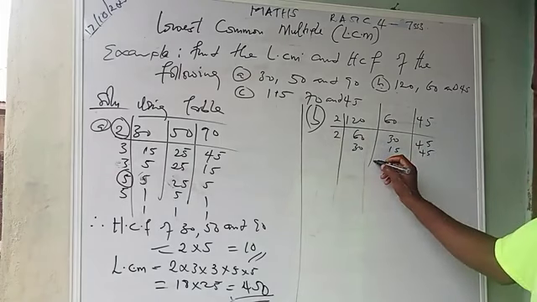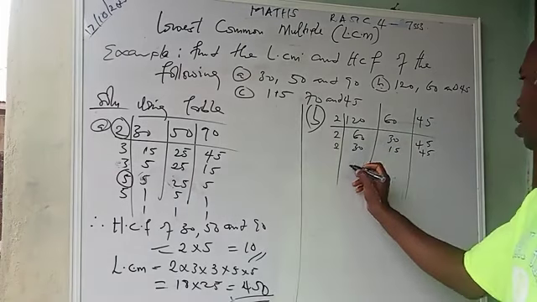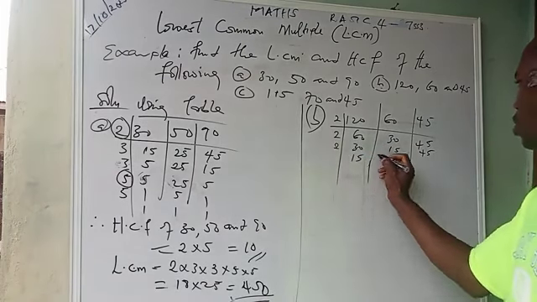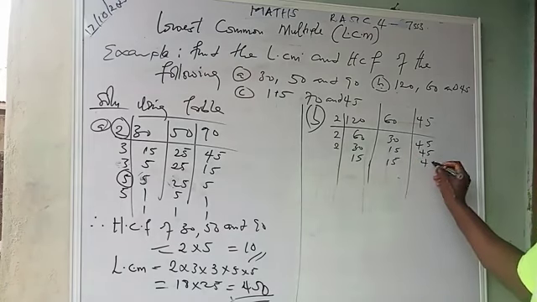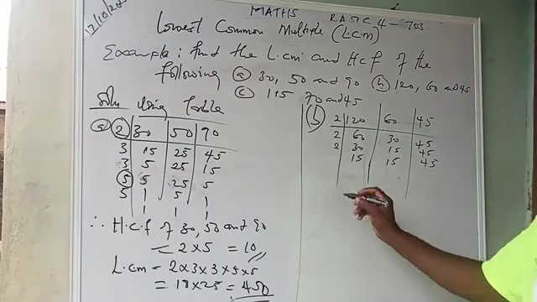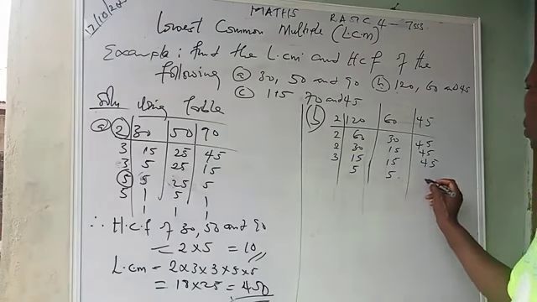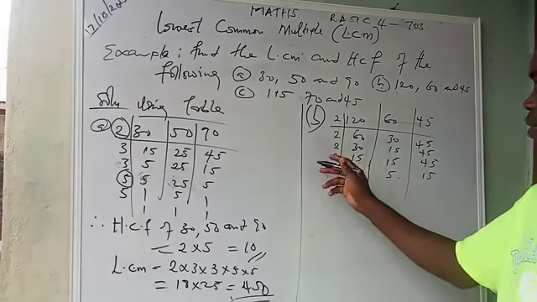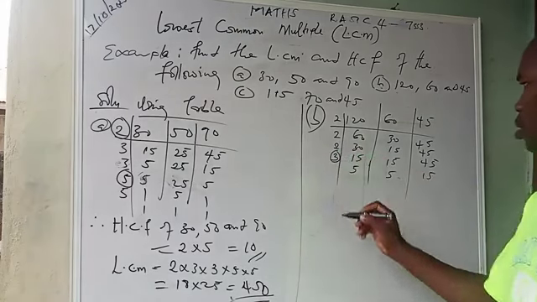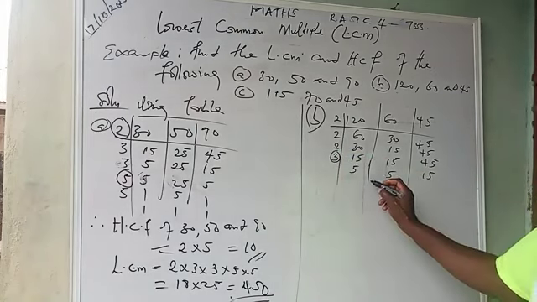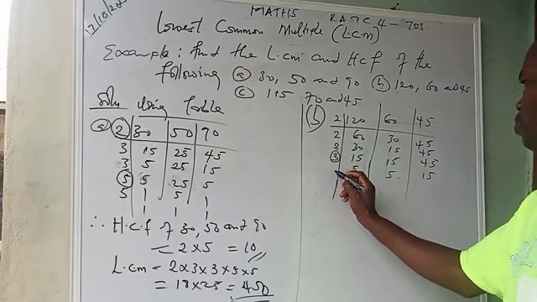It didn't divide the 3 of them. 2 again: 15, 15, 45. It didn't divide the 3 of them, so I won't circle it. I have 3: 5, 5, 15. This 3 divides the 3 of them.